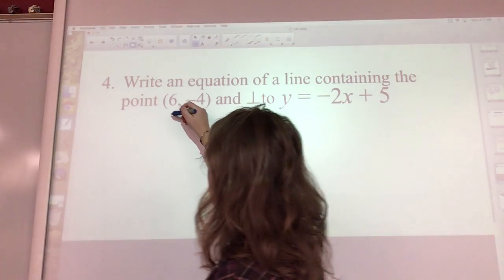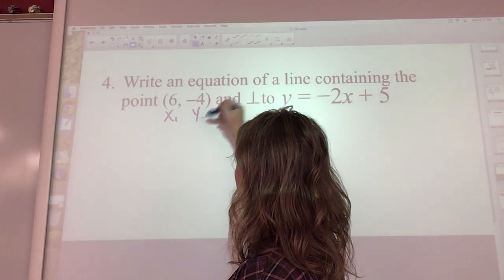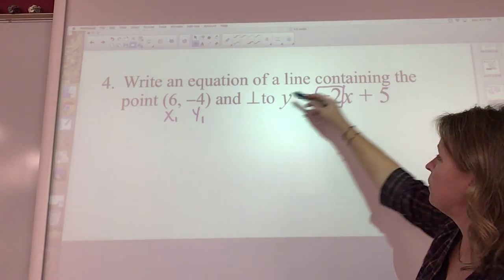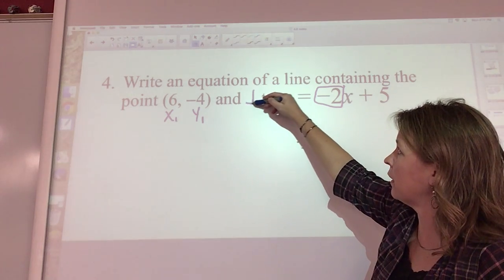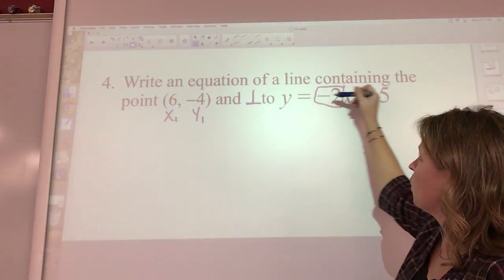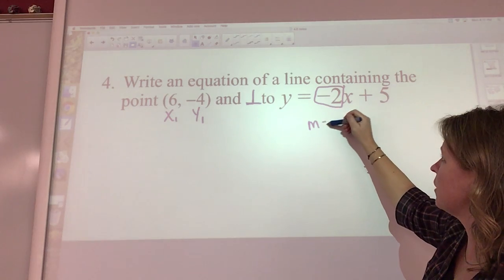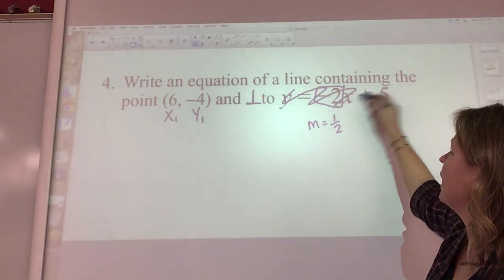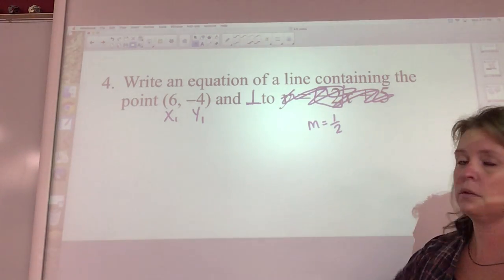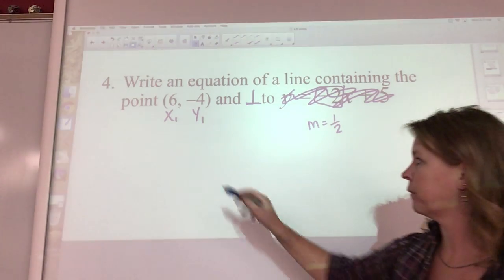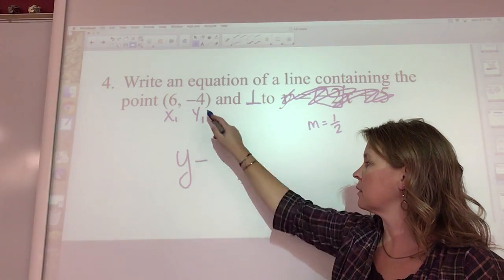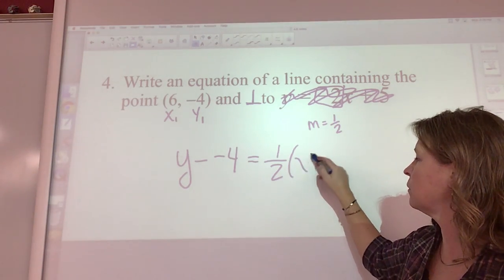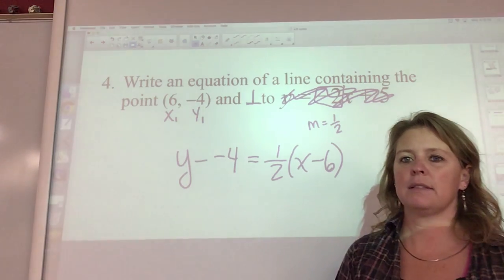Remember that this is x1, this is y1, and our slope is not -2 because it wants perpendicular. By the way, that's what that symbol means, perpendicular. We're going to take that -2 and turn it into a positive 1/2, opposite reciprocal. I don't want to use any of those numbers this time. Just turn it into opposite reciprocal and go from there. Y minus -4 equals 1/2 times x minus 6.